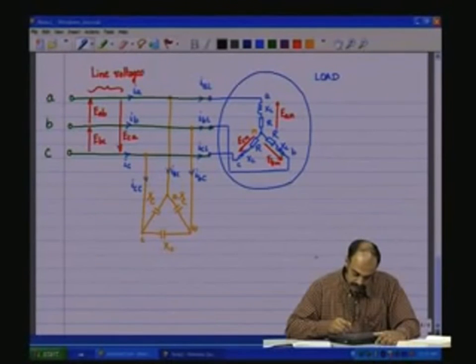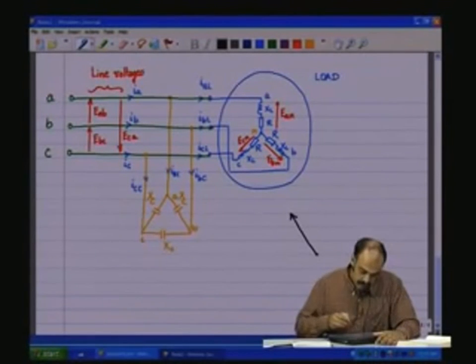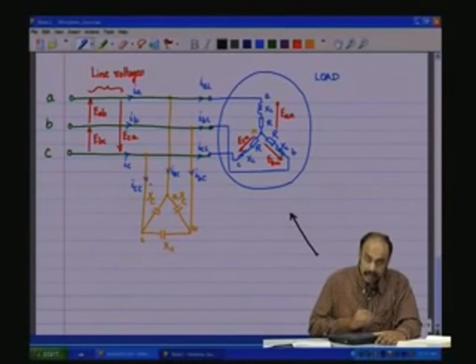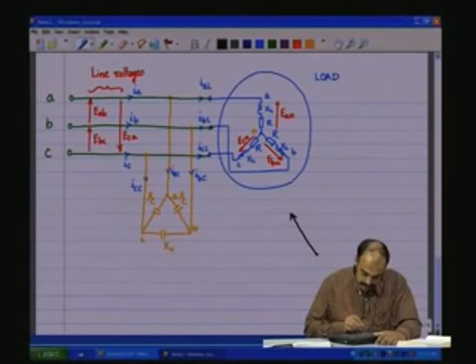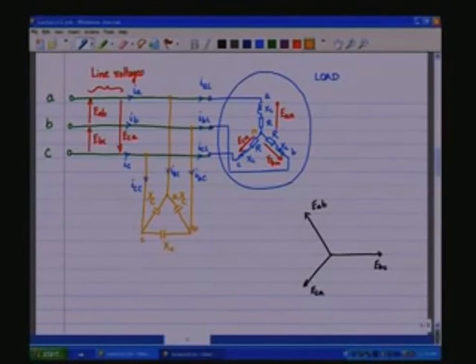So, EAB, let me put EAB like that, because there is a delta circuit, I am trying to follow that triangle EAB. Now, the capacitance currents IAC, IBC, ICC are the line currents for the delta network, and EAB, EBC, ECA are the line voltages.